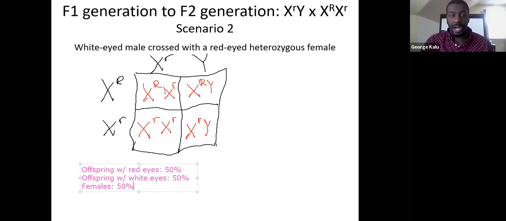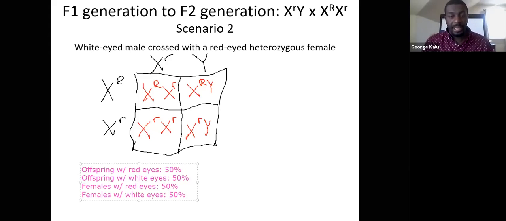Only this top box has red eyes, so that's 1 out of 2, which gives us 50%. So females with red eyes. What about females with white eyes? What's the chances? Right, again, 50%. Perfect.